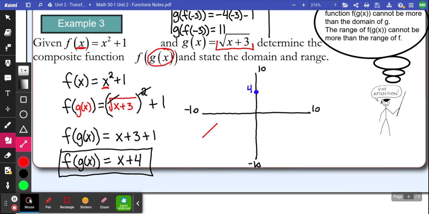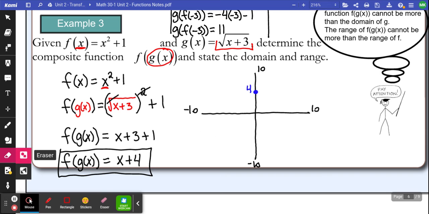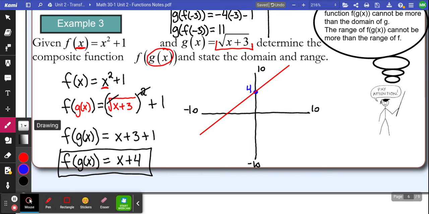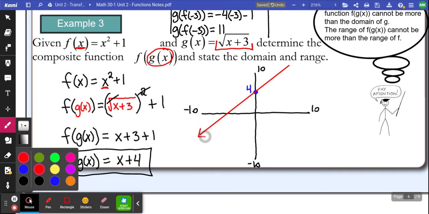Wait, are we supposed to draw this? Yeah. Don't worry so much about anything beyond getting that y-intercept right. Yep, it goes forever left and right. That's why I have arrows on my red line.